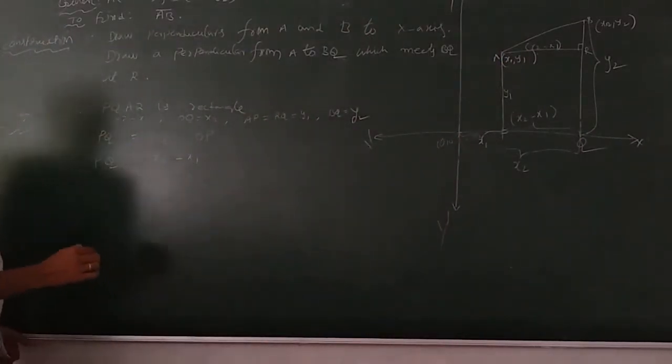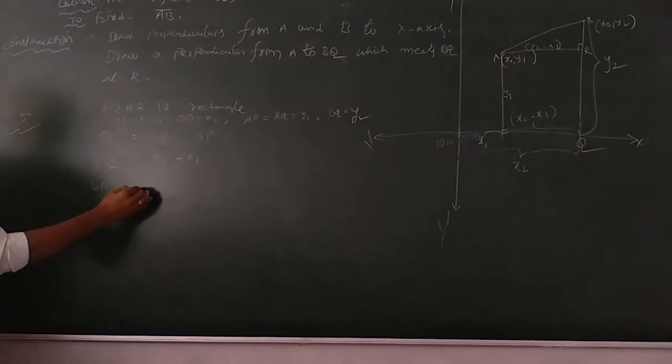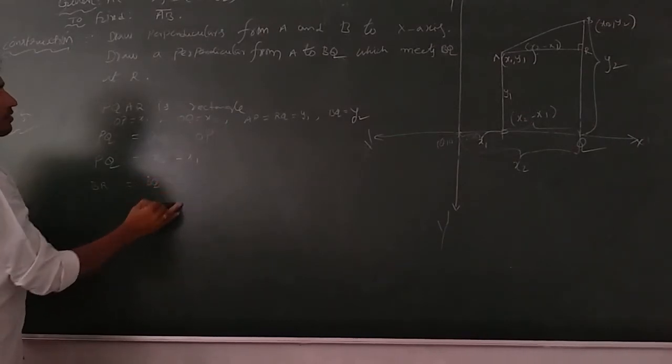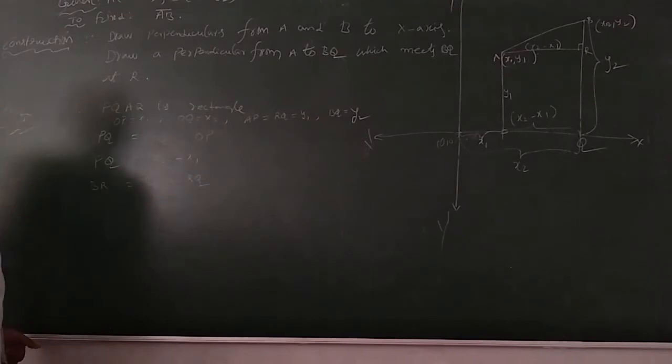So BR equal to BQ minus RQ. What is BQ here?